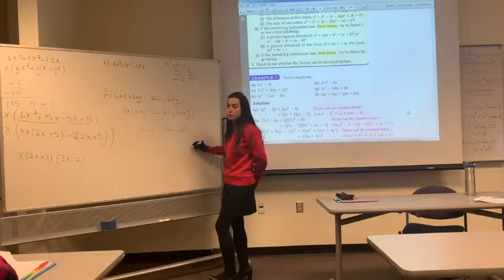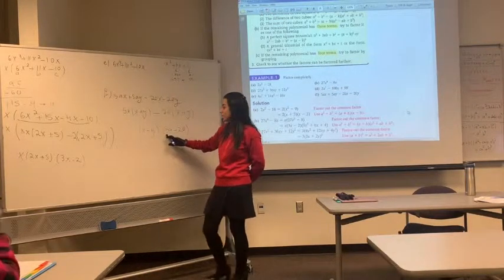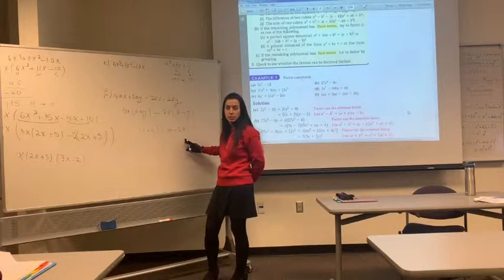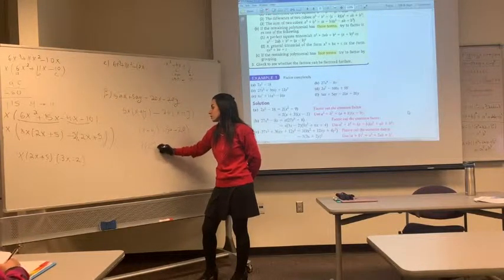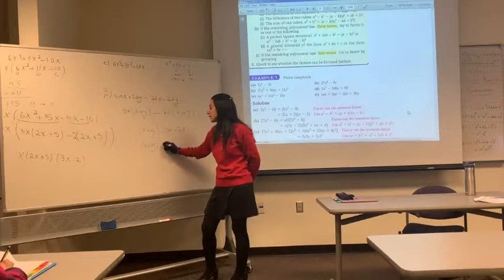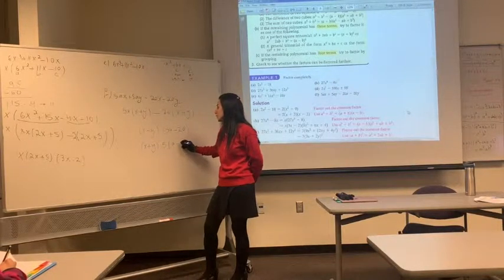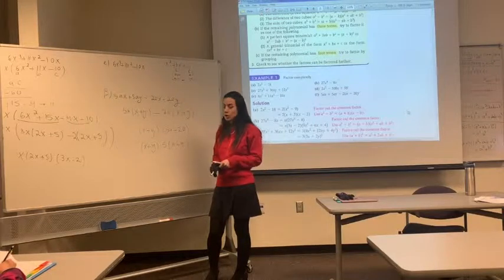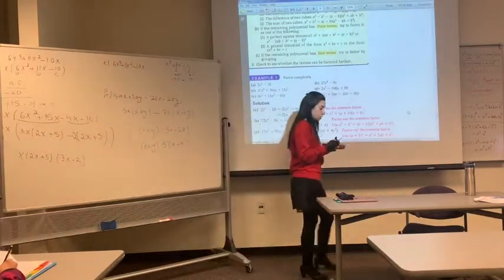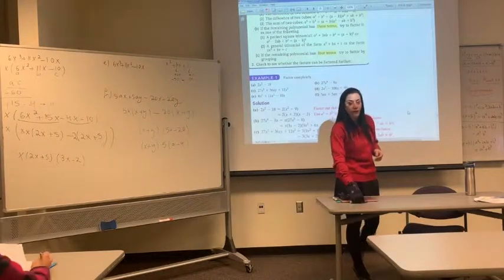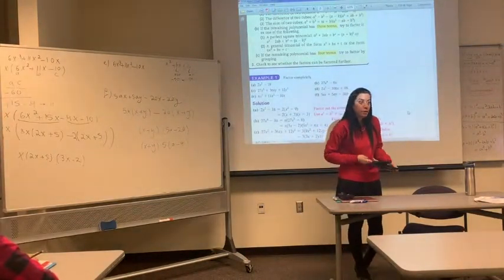Correct? Here also I can bring out something. Yes. Bring out 5. We will have a minus 4. Okay, so all of them were factorable. We could factor them.